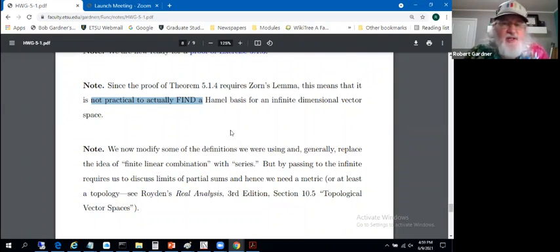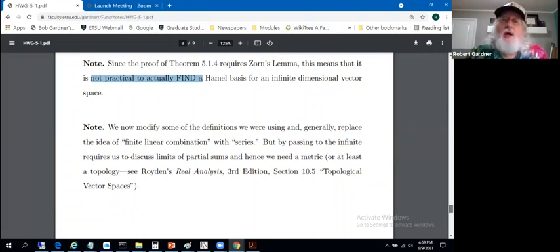And you do some of that stuff in sophomore linear algebra. The Gram-Schmidt process allows you to take a spanning set and create a nice basis, an orthonormal basis is what Gram-Schmidt does. We'll see Gram-Schmidt in here before it's over. So what we're going to do, because of this uselessness of the Hamel bases, is we're going to modify some of the definitions we're using and generally just replace the idea of a finite linear combination with a series.